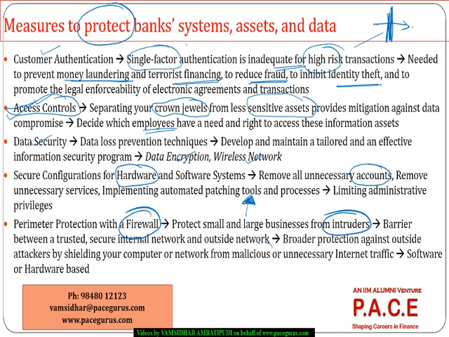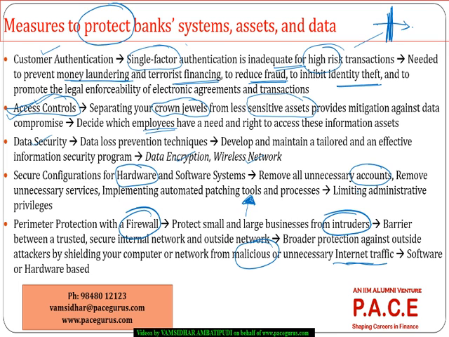So we will not get the malicious or unnecessary internet traffic. I can make it either software based, or in some cases it can be protected through hardware as well. So there should be a clear plan in place for how to protect different systems, assets and data from cyber attacks. That's step number 2.